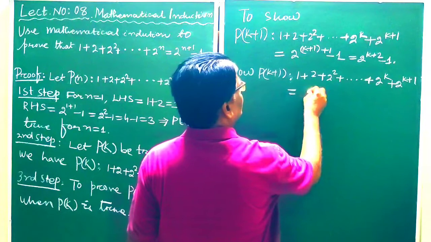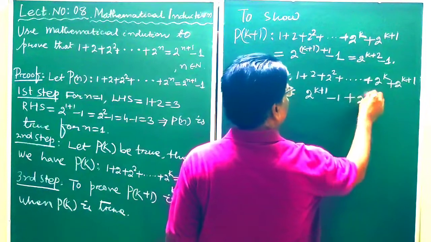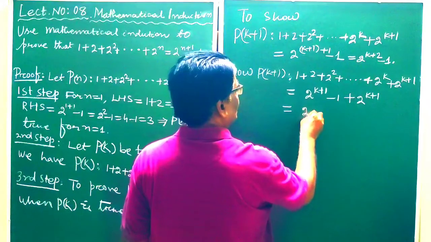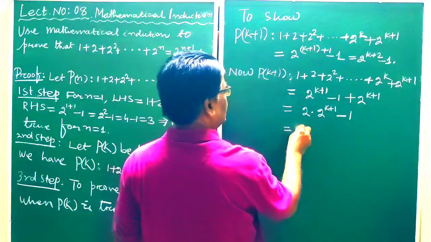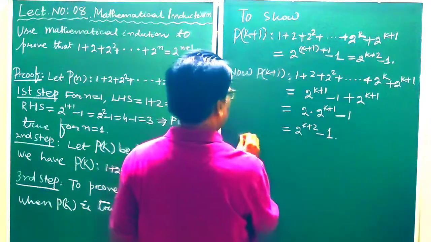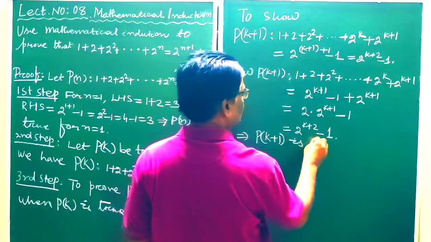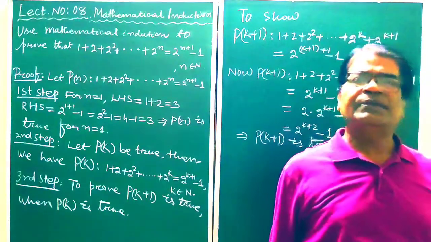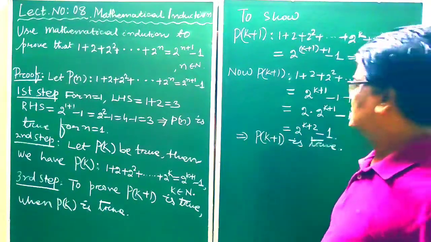This equals 2ᵏ⁺¹ − 1, and the last term is 2ᵏ⁺¹. So this equals 2 × 2ᵏ⁺¹ − 1, which is 2ᵏ⁺² − 1. This implies P(k+1) is true. So in the third step, we have established P(k+1) is true whenever P(k) is true.